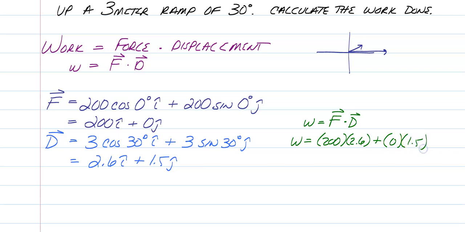Now, of course, we know everything times 0 is 0. So this is going to give us 200 times 2.6, which is 520. And this would be in newton meters.